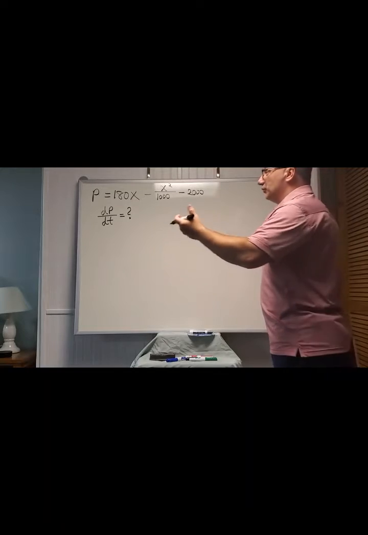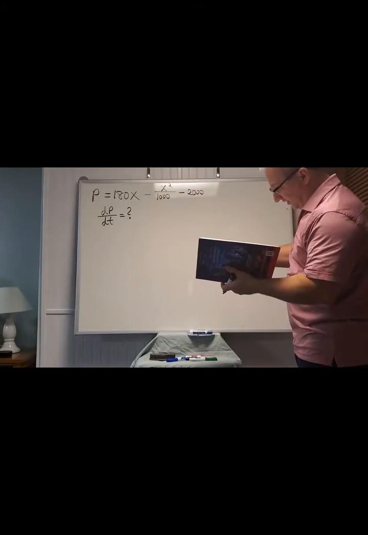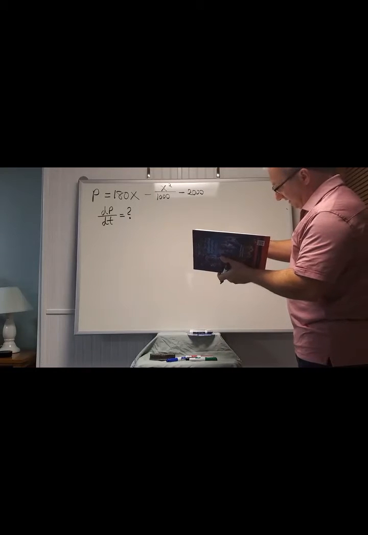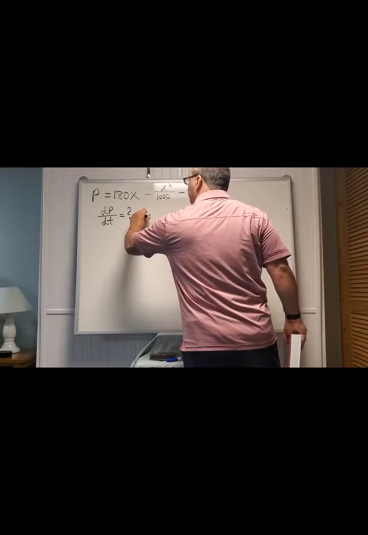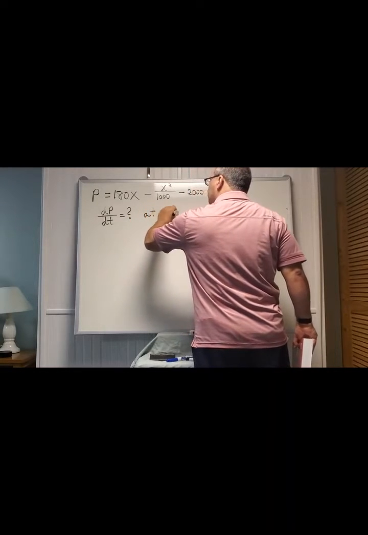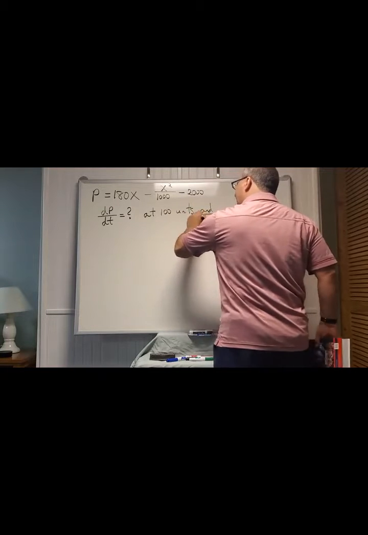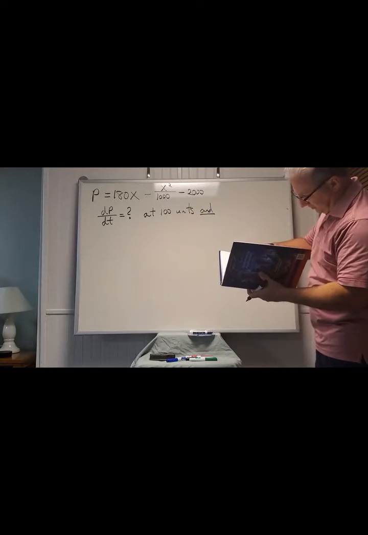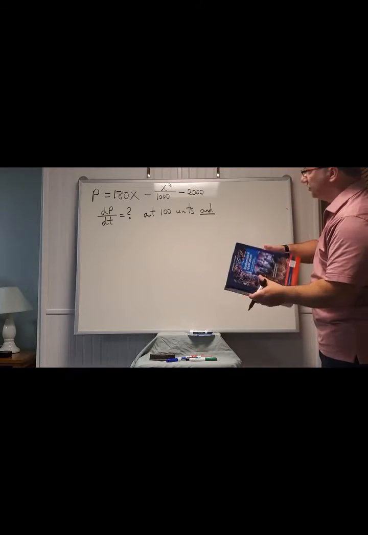Notice it's related to both x and P in this case, because they go on to say, find this dP/dt at 100 units sold, at 100 units, and they go on to say the production, the units, is increasing at a rate of 10 units per day.